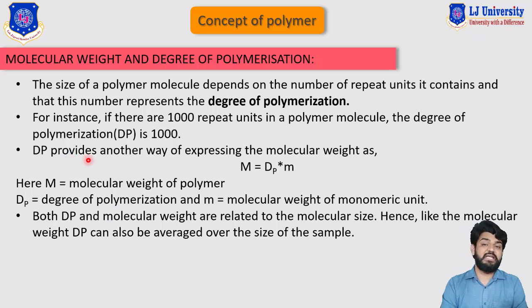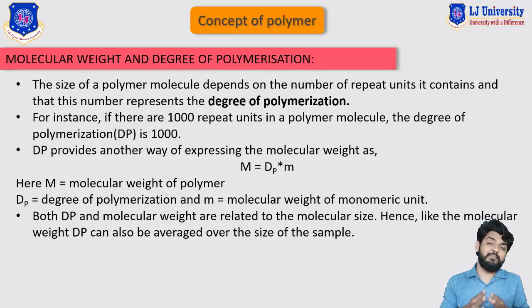Now this dP also provides us another way to express the molecular weight of the polymer, where dP means degree of polymerization. The formula is like this: M is equal to dP into small m, where capital M is your molecular weight of the polymer, dP is nothing but the degree of polymerization, and small m represents the molecular weight of the individual monomeric unit, right?